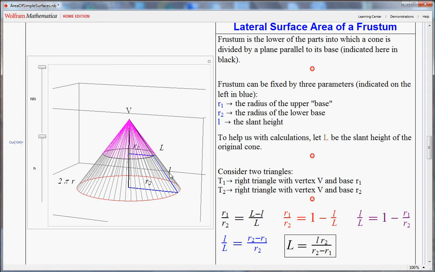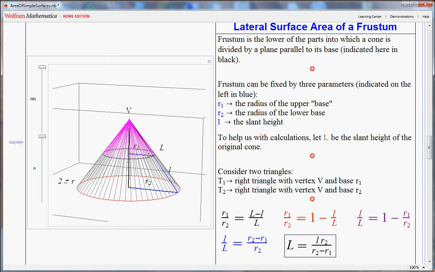So a frustum is determined by 3 parameters, namely the radii of its upper and lower bases, r sub 1, r sub 2, and its slant height, little l. I marked, as before, the given parameters of the frustum in blue color.